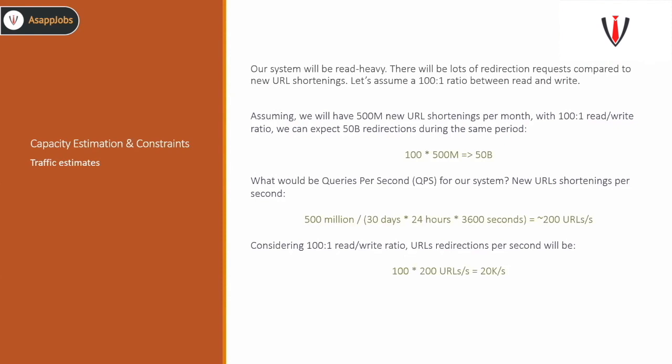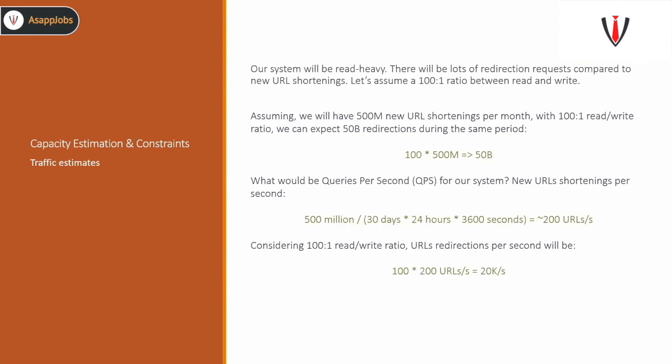Once you know that, what will be the queries per second for our system? So it's 500 million; you divide that by 30 days, 24 hours, and 3,600 seconds, and you get 200 URLs per second. It's interesting to think through all these scenarios, that there are going to be this many queries per second.